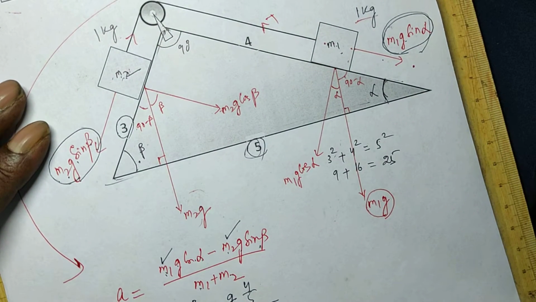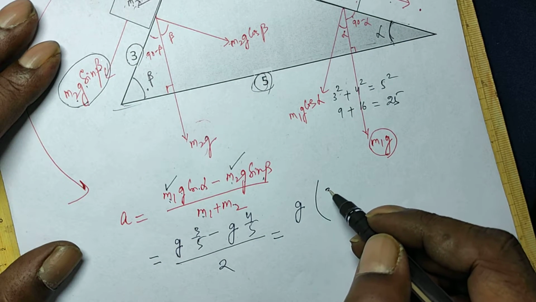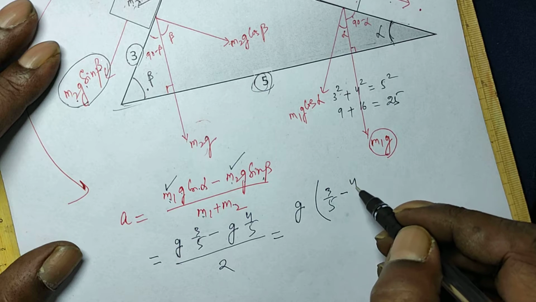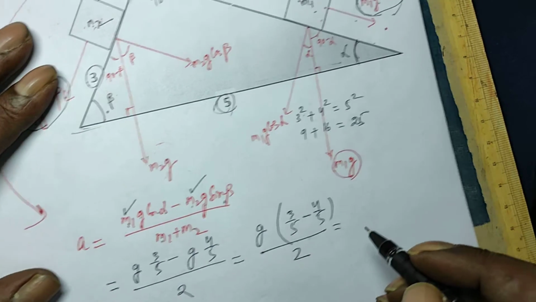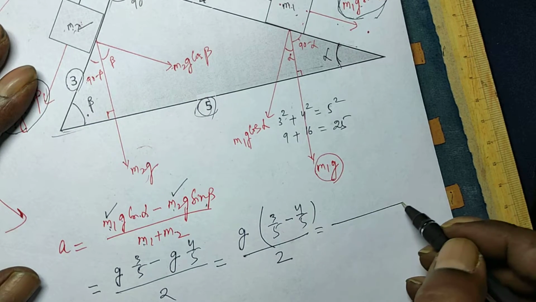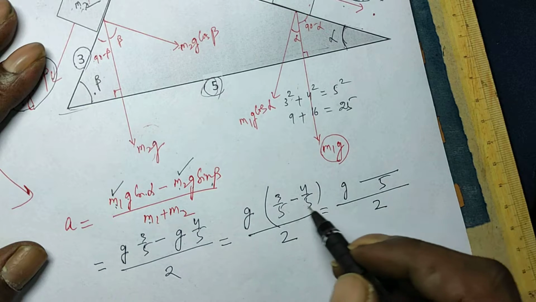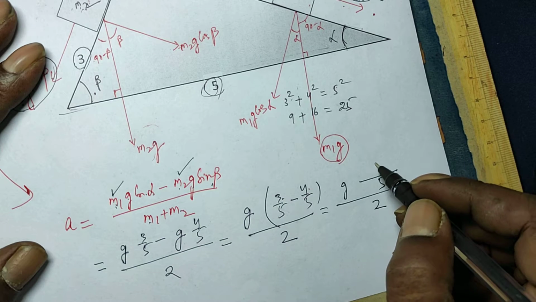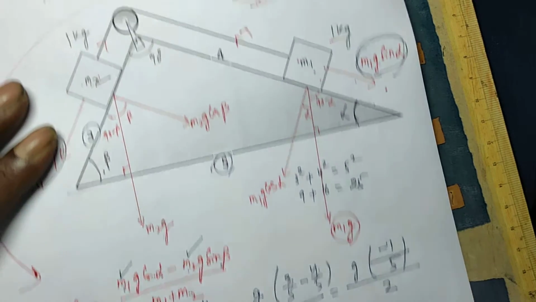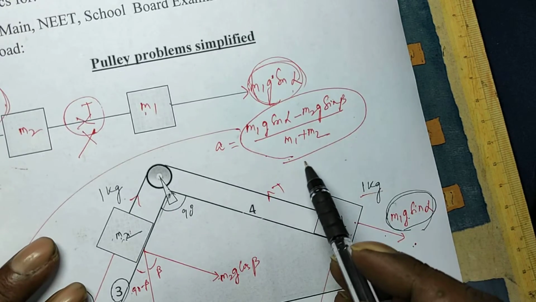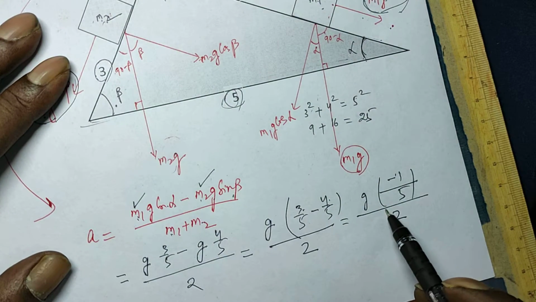So if you take g common, you are left with 3 by 5 minus 4 by 5 over 2. That is equal to g times, LCM is 5, now 3 minus 4 is minus 1. Look, I assumed this is coming down using this expression, and now I'm getting acceleration as negative.